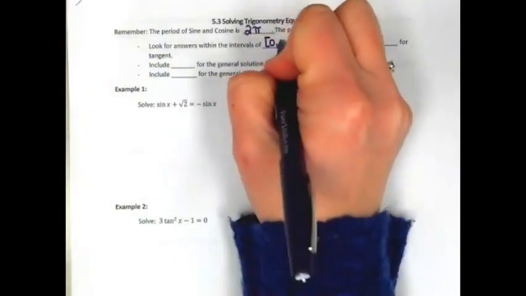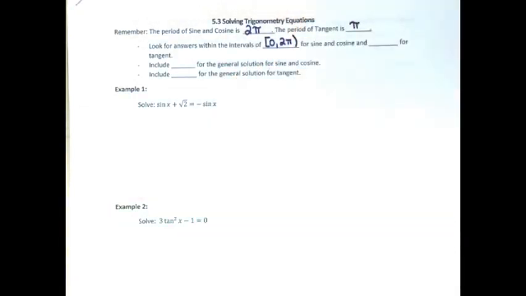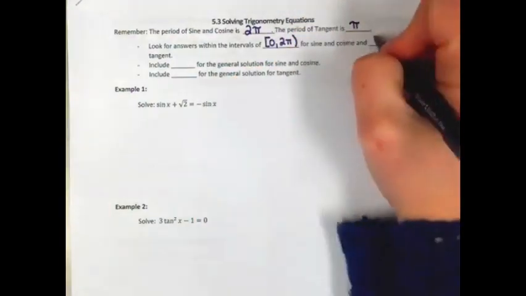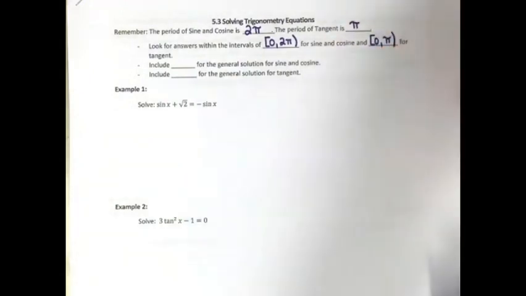So when we look for the actual values, we're going to look for answers in the intervals of 0 to 2 pi for sine and cosine, and from 0 to pi for tangents, okay? But however, we know our curve keeps on continuing every time, right?